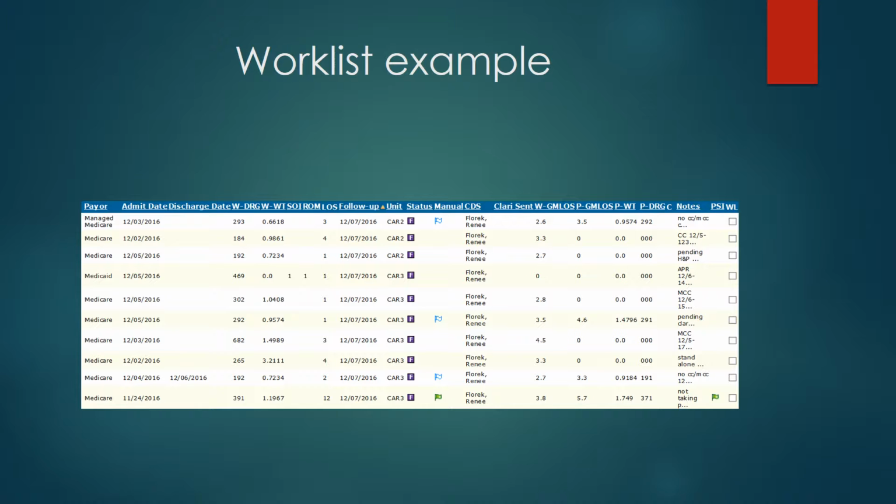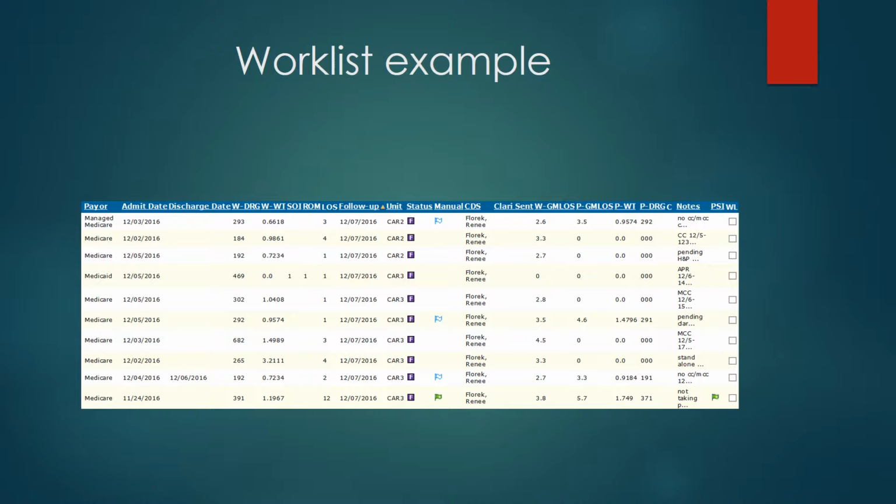It has a flag to let us know whether or not there's a clarification on this case. If it's not green, that means it's still open, that the question has not been answered. And if it is green, then it means that the question has been answered.